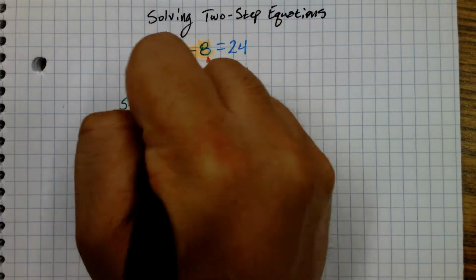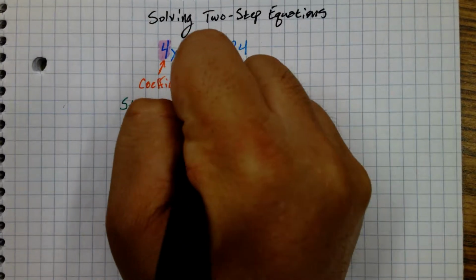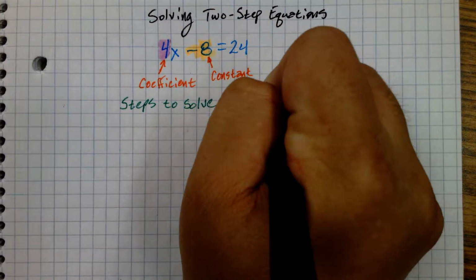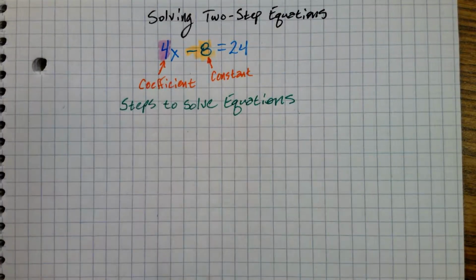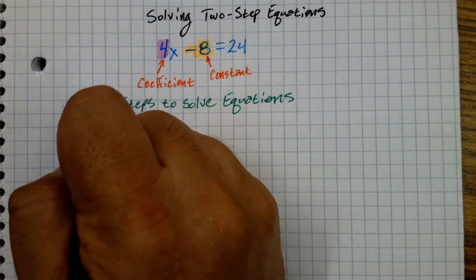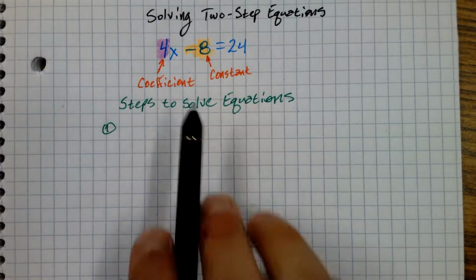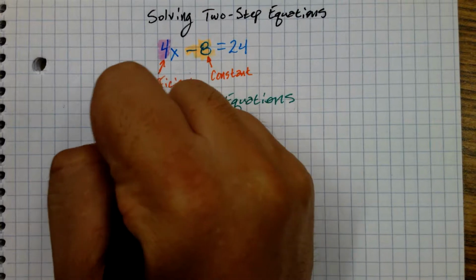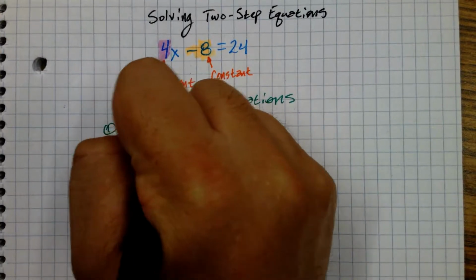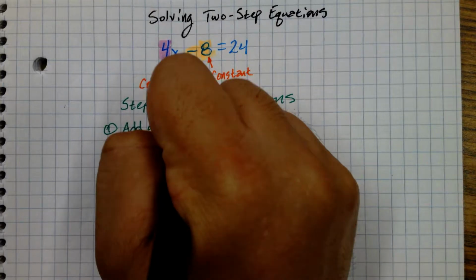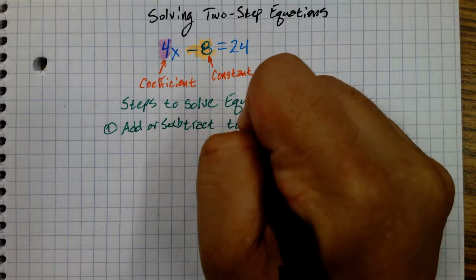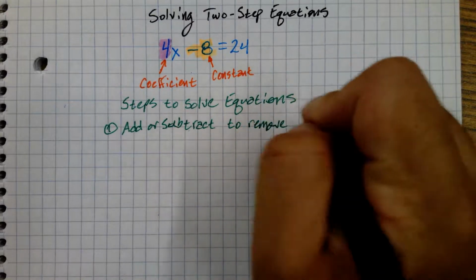Steps to solve equations. Ta-da. Okay, step number one. Step number one has to do with a constant. We're going to add or subtract to remove a constant.